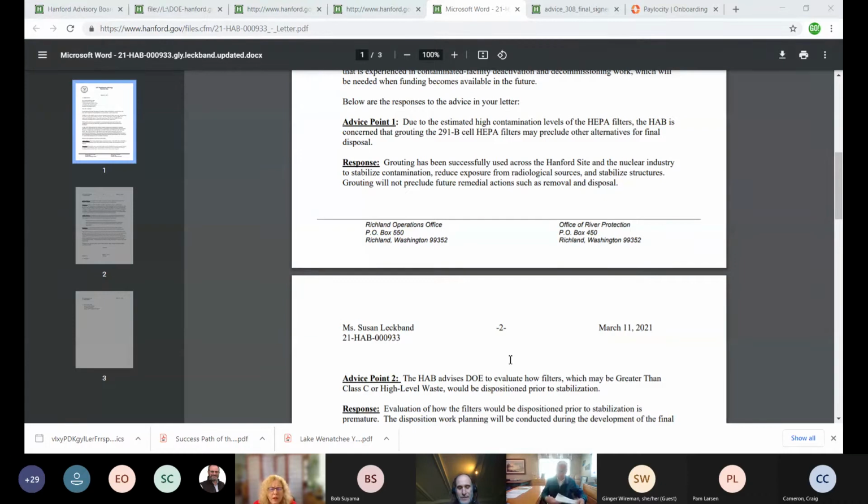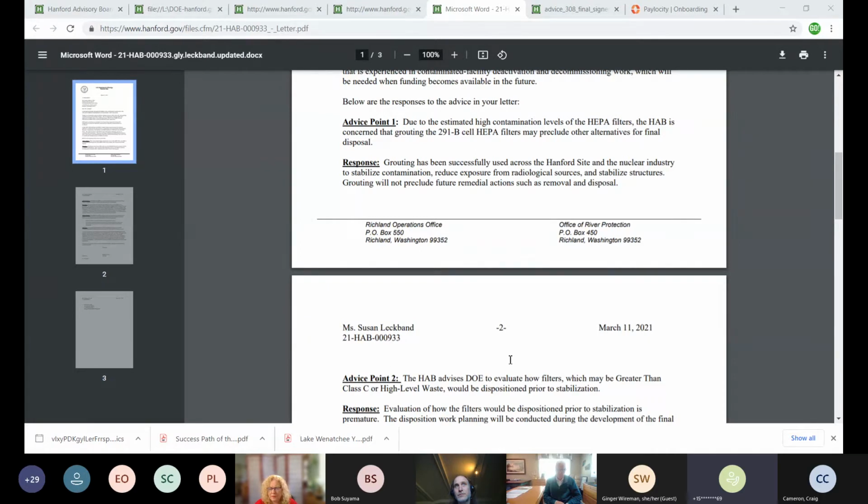Excuse me, Tom. Yeah. This is Tom Gowder. Can I make a comment? Yeah. Sure. Sorry to interrupt. I fully understand the concerns raised here about the use of grout in a number of different cases to minimize risk and to more stabilize the waste in question.